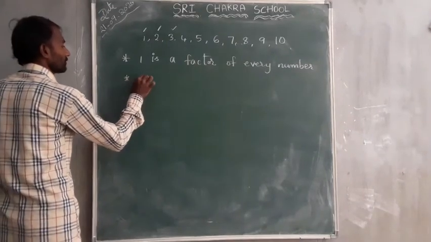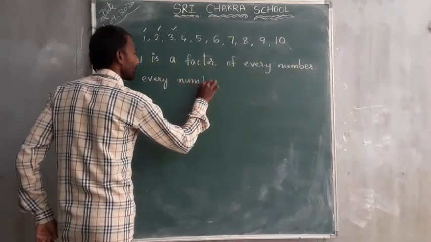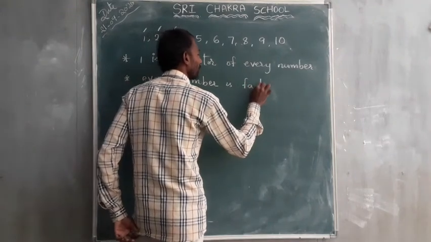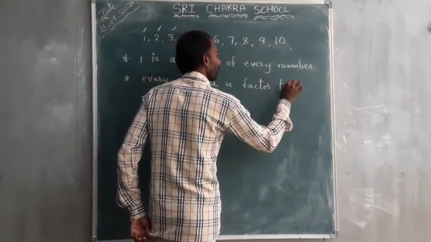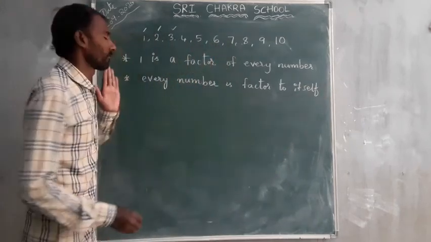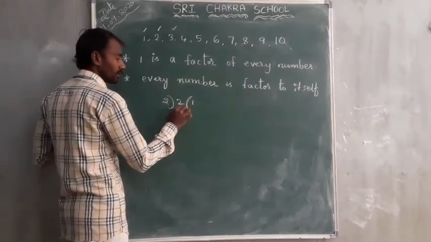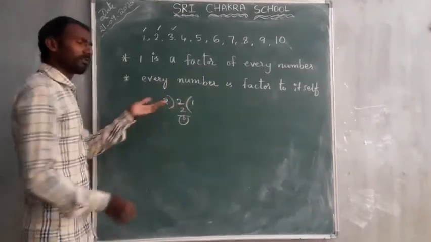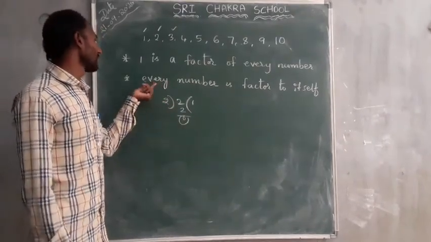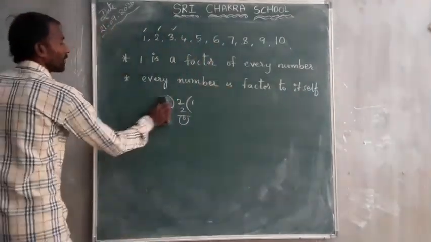And then every number is a factor to itself. That means 2 divides 2. Every number divides the same number with a 0 remainder. So that's why every number is a factor to itself.